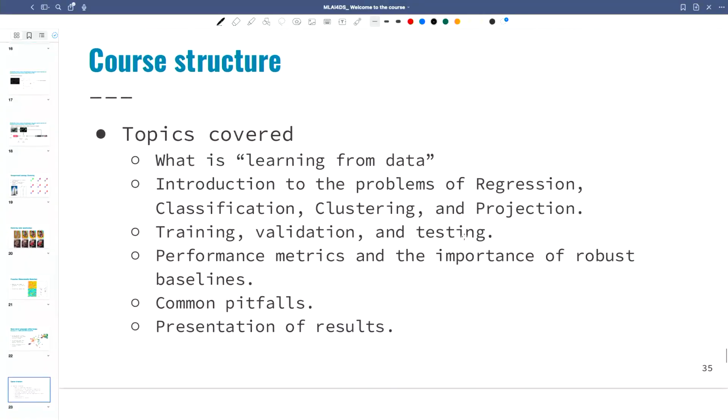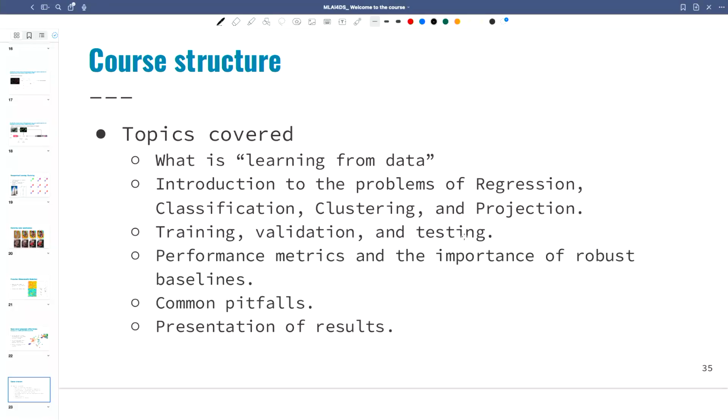Okay, what about course structure? So the topics that we are going to cover is mentioned here, sorry. The first one is what is learning from data. We somehow covered that.